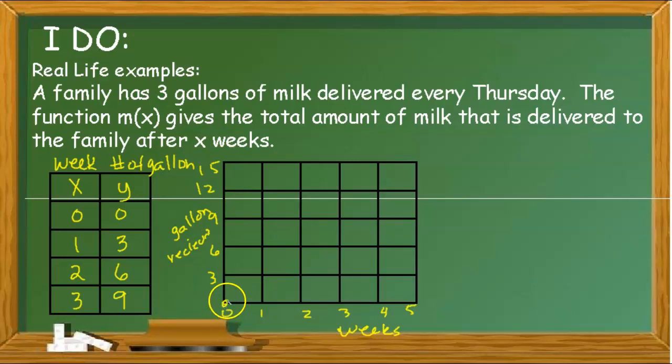I've got 0, 0, 1, 3, 2, 6, 3, 9, and then you could keep going. So your equation in this case, the gallons of milk after X weeks, would be 3X, right? Okay, so those are examples of discrete graphs and applications in which you're going to see them and need to graph them.